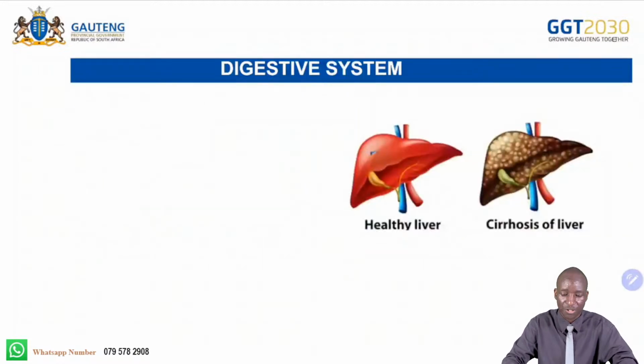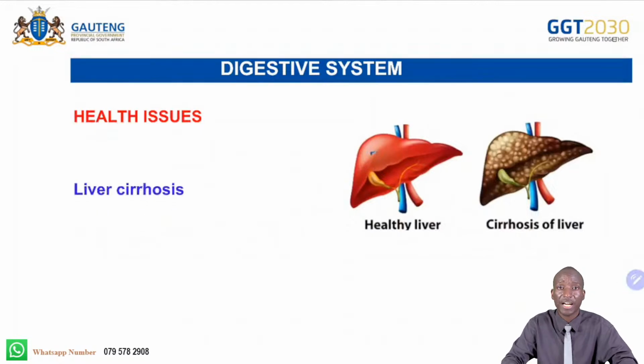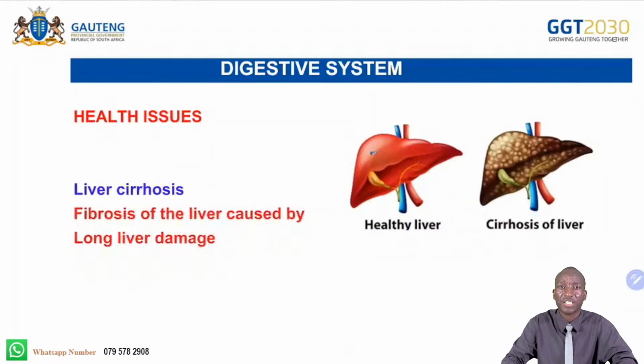We also have what is called liver cirrhosis. What is this about? This is fibrosis of the liver caused by long-term liver damage. As you can see there, we've got an image showing a healthy liver and cirrhosis of the liver. There it is. The healthy liver, you can see that it's showing enough blood circulating throughout the liver there.